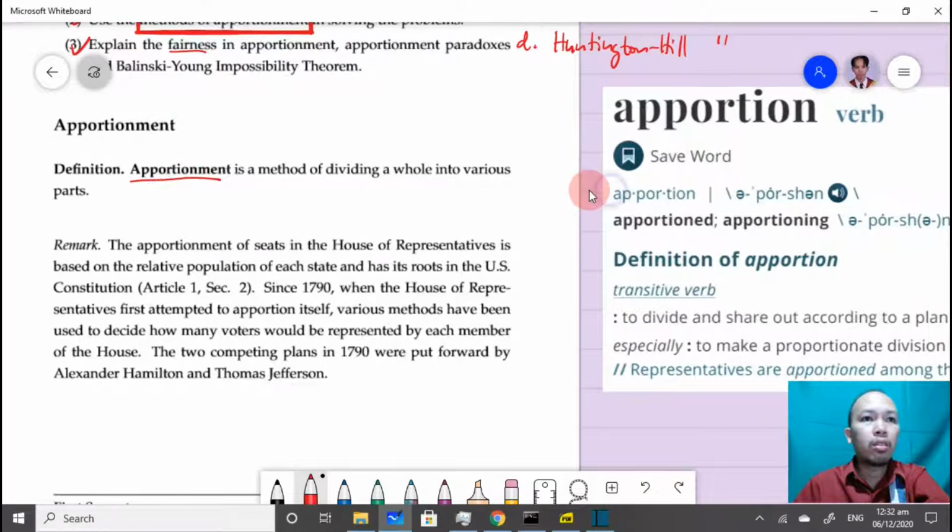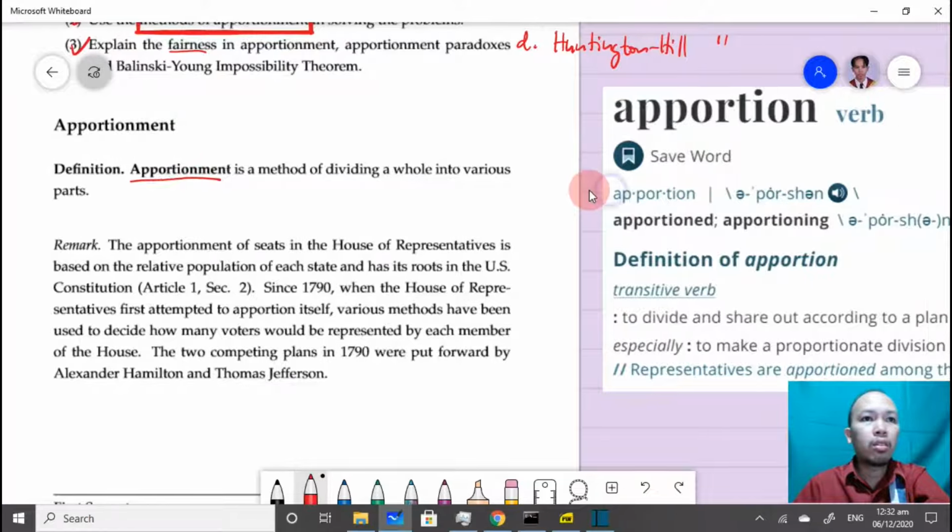There are two definitions that I'm going to elaborate here. The first one is when you are going to apportion, meaning you are to divide and share out according to a plan. There must be a plan. That's why we have the four methods that we discussed earlier. When you divide something, it must be according to a plan. And there's another word here, proportionate.